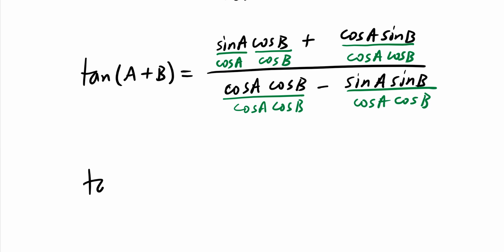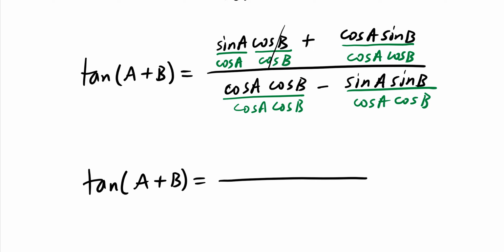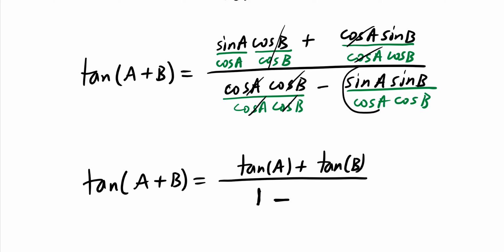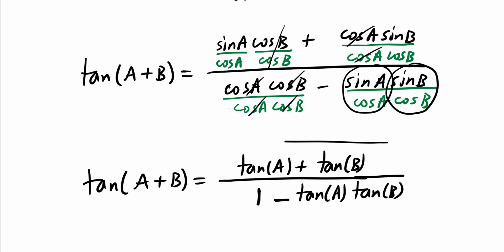And let's see how this is going to turn out to be a nice formula that I wrote earlier. This cancels, that's a 1. Sine over cosine is tangent A. Plus, this cancels. Sine B over cosine B, that's tangent B. This cancels, so that gives us 1 minus sine over cosine is tangent A. Sine B over cosine B is tangent B. So that's the formula.